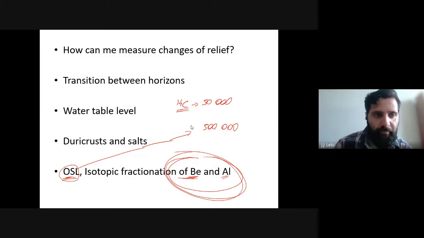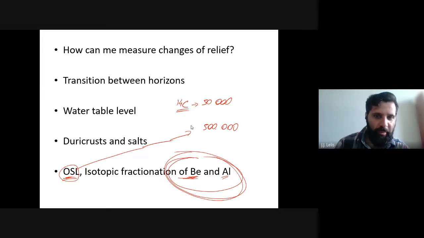Yeah. I'm not sure about this, but I've never seen a study that was conducted completely in Brazil that made this analysis. As you said, in general, they send the samples abroad, like France or England or United States, and they measure these elements, these isotopes in other countries. Yes.